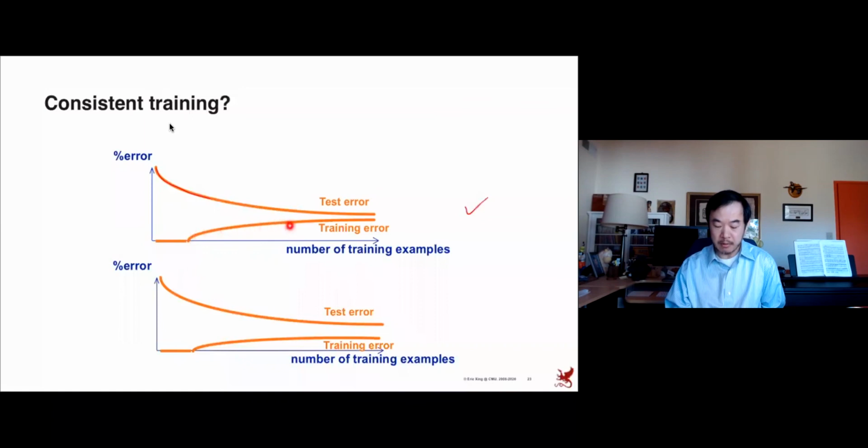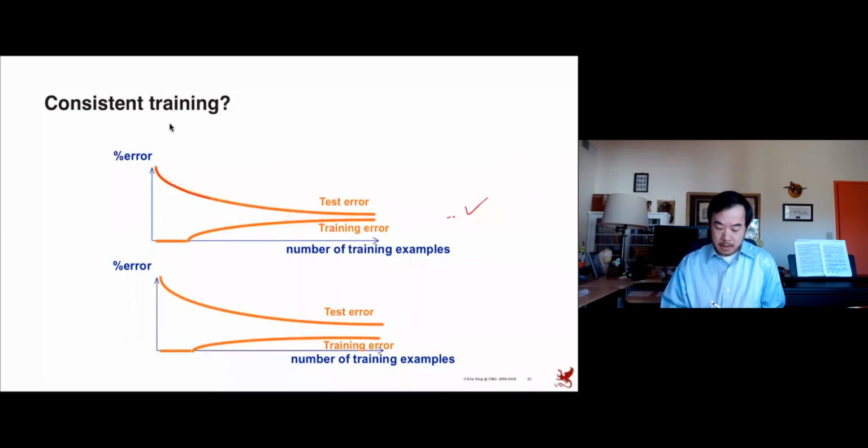Your training error starts to increase, right? But hopefully when you train more and more, your testing error or true error, assuming they are coming from the same distribution, will be reducing. And at the end, they hopefully meet in the middle. There is no gap between them.